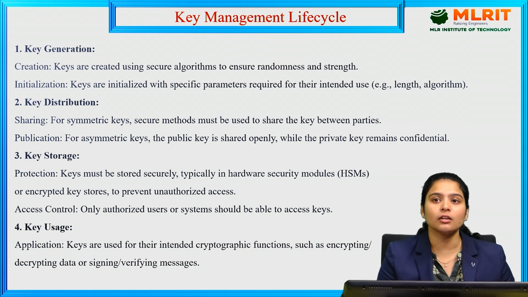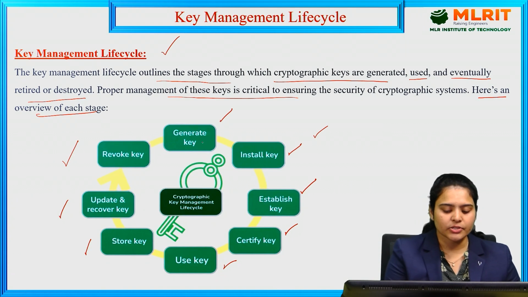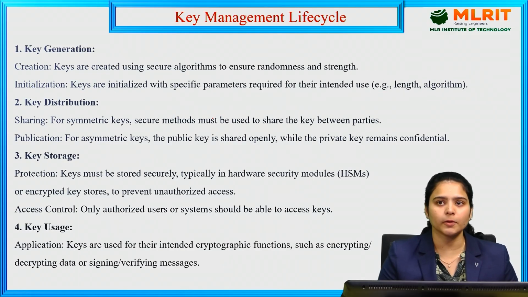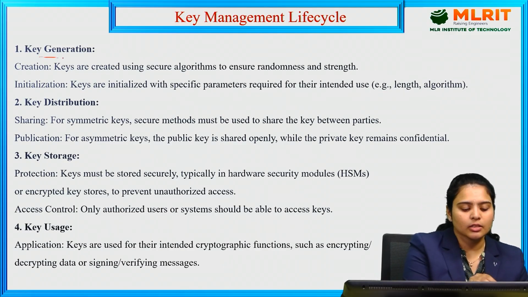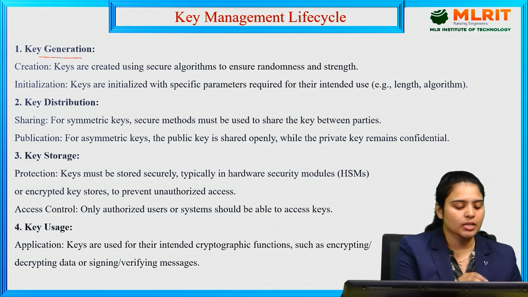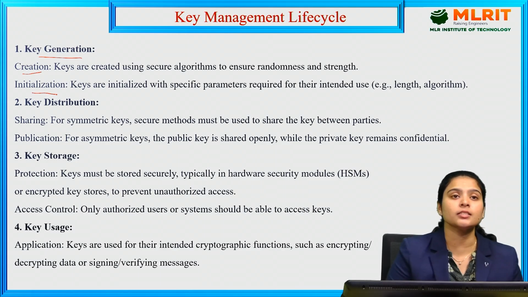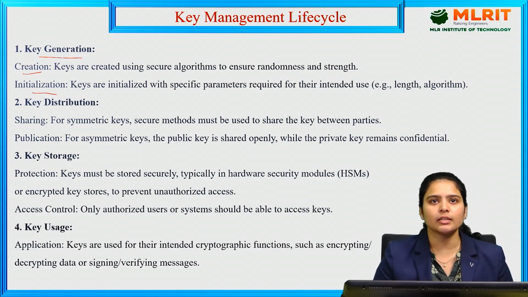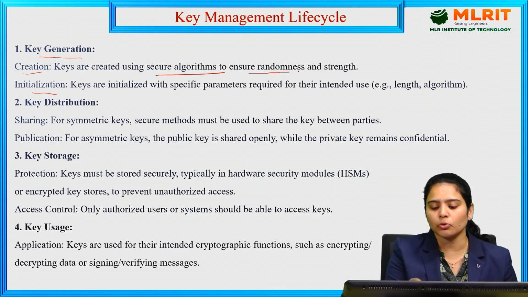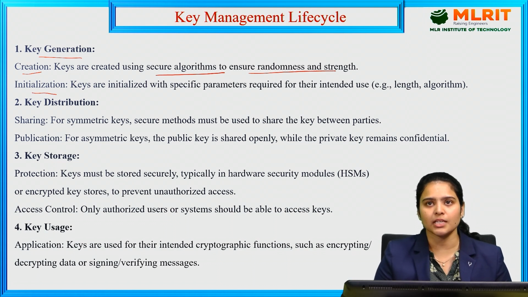Coming to the first one, key generation. Let us see the life cycle management one by one. The first one is key generation. In key generation we see two steps: creation and initialization. Creation means keys are created by using secure algorithms, which ensures both randomness and strength.